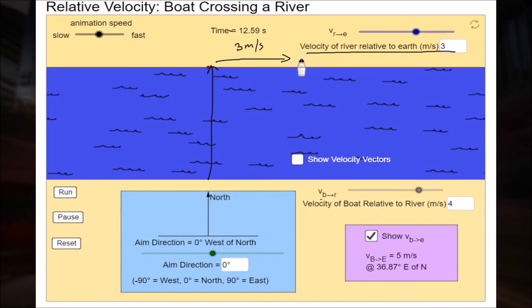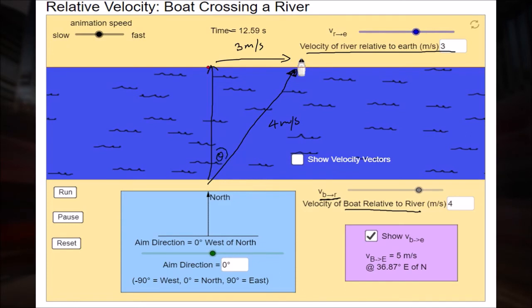And the constituents we have is the velocity of the boat relative to the river. So whenever you hear the line boat relative to river, it's a diagonal line you're looking for because that's the resultant vector. It's not this vertical line. It's going to be one of the horizontal lines that you draw out. Okay, and that is at 4 meters per second. So theta is this angle here.